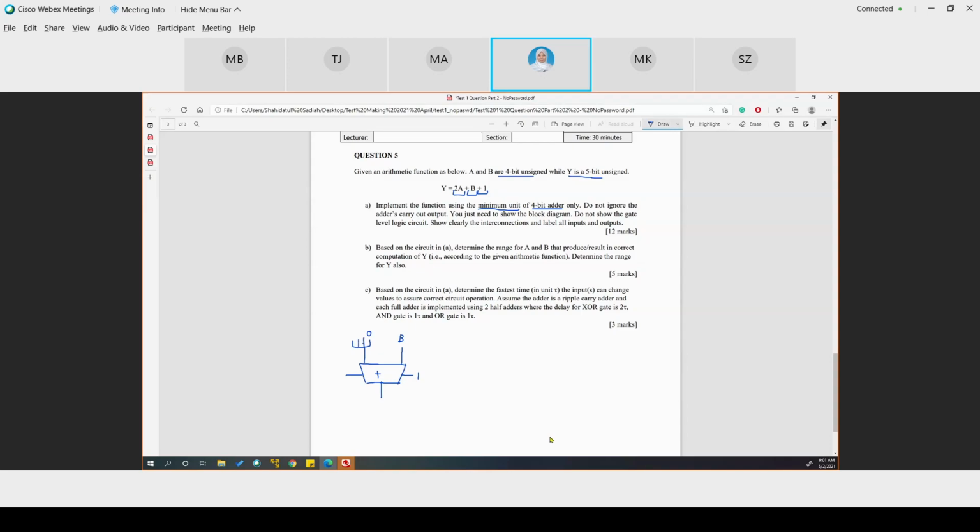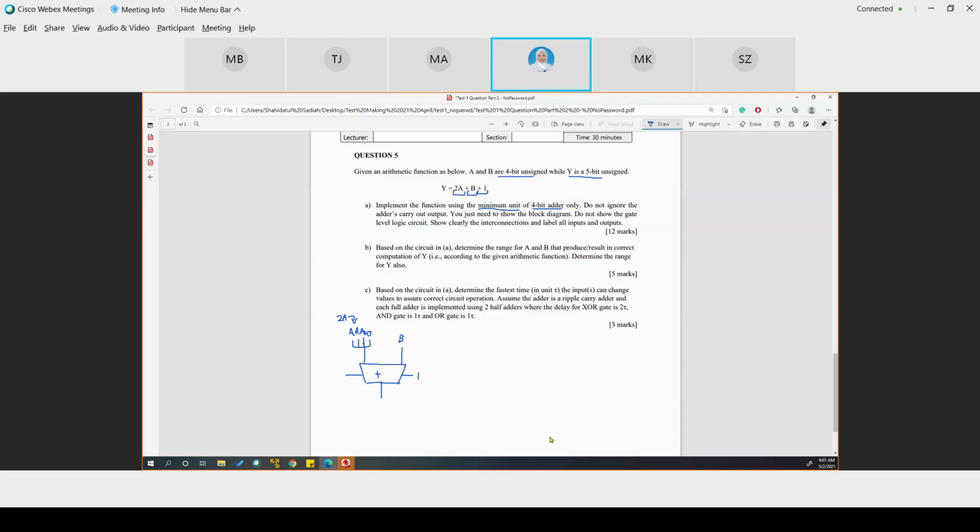Connect the LSB with ground. And then this is A0, A1, A2. So this is how we do the shift without using the shifter. Because it's always 2A, so this is your 2A. And this is your B.